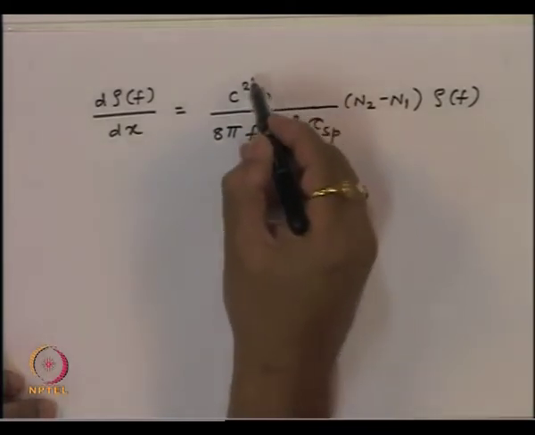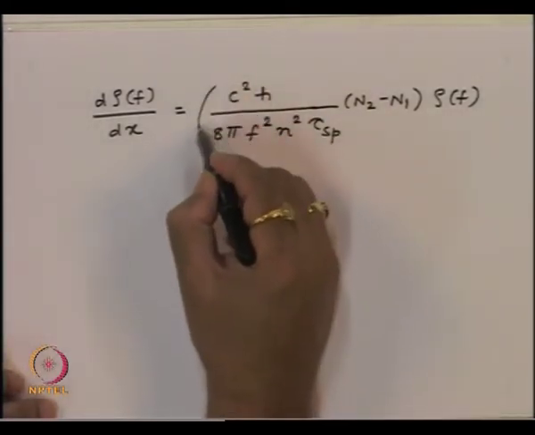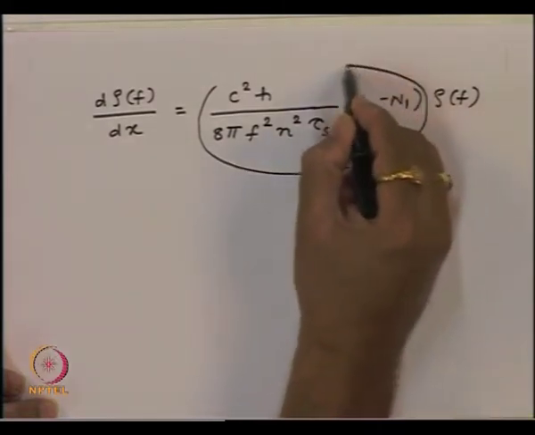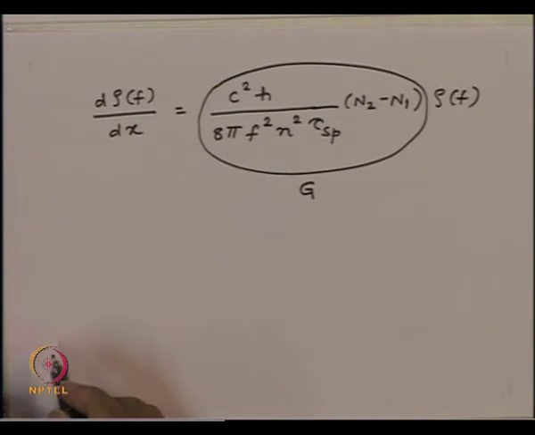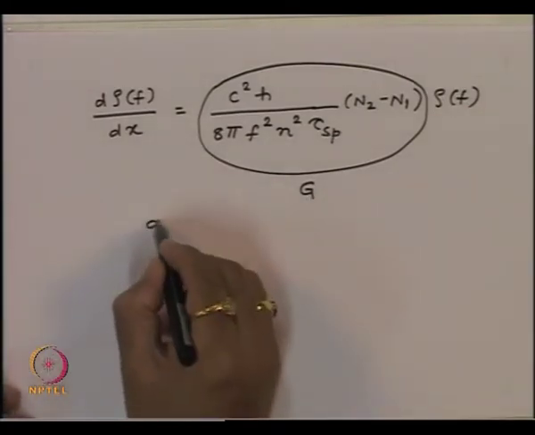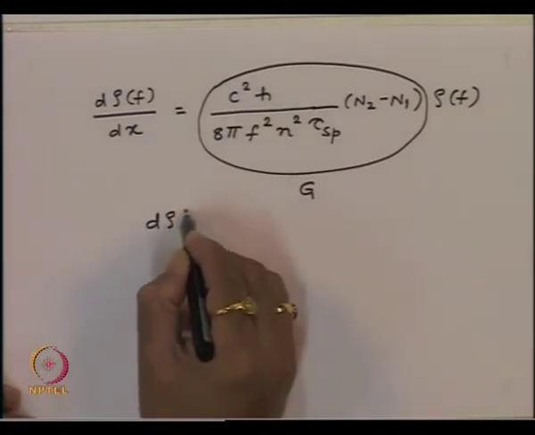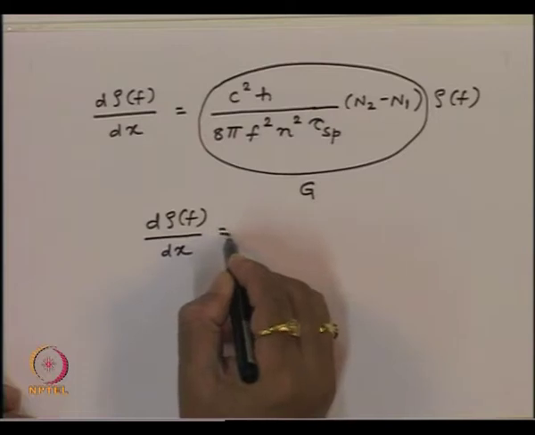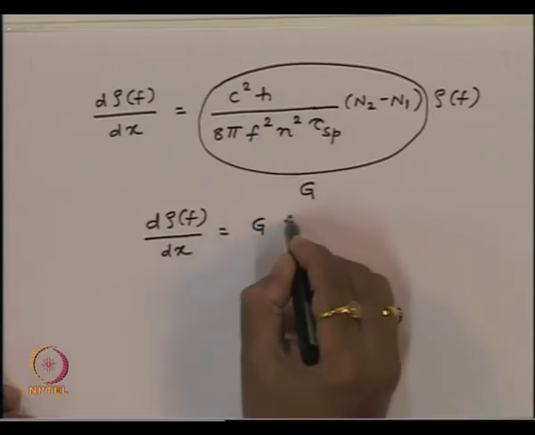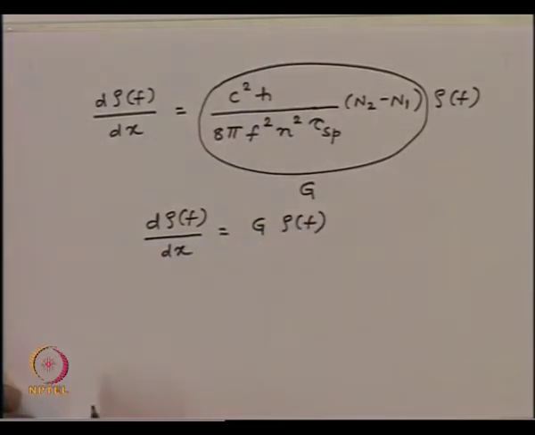So, if we define this quantity, this one here, by some quantity g, which is a function of frequency, then this equation can be written as d rho of f by dx, which is equal to g into rho of f.